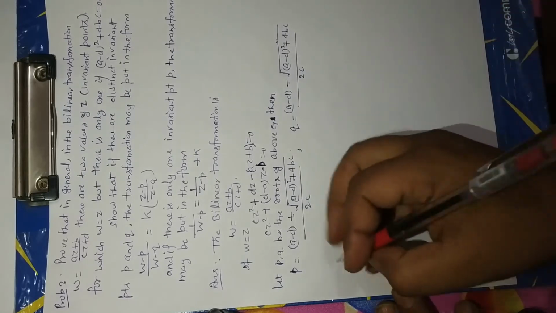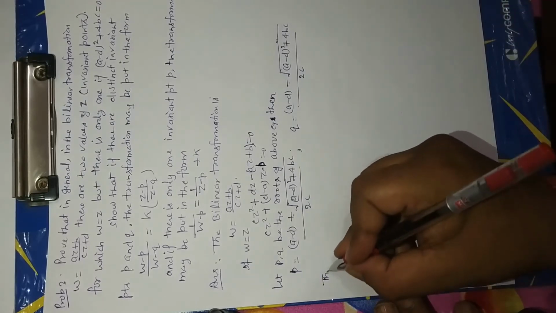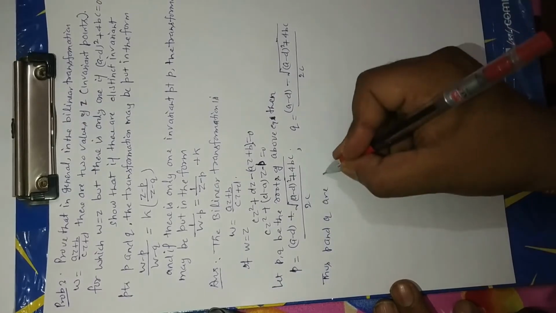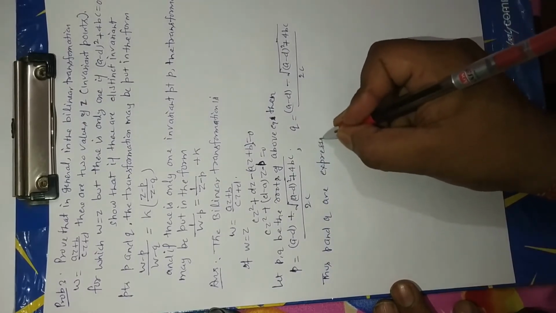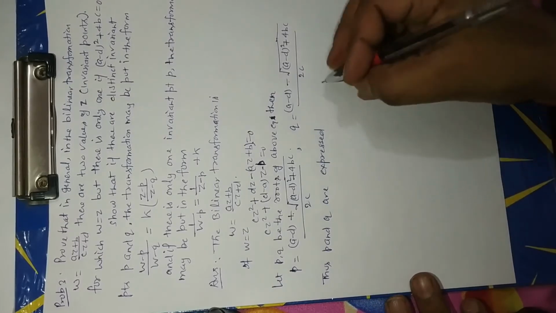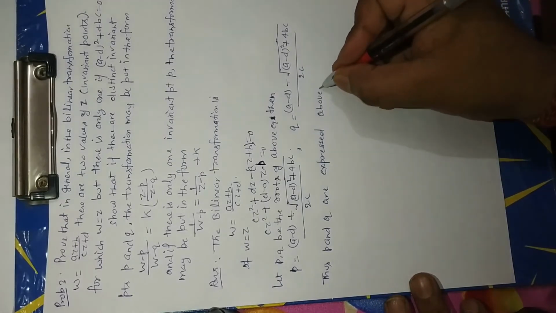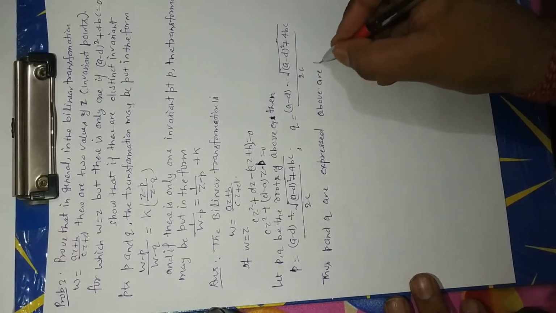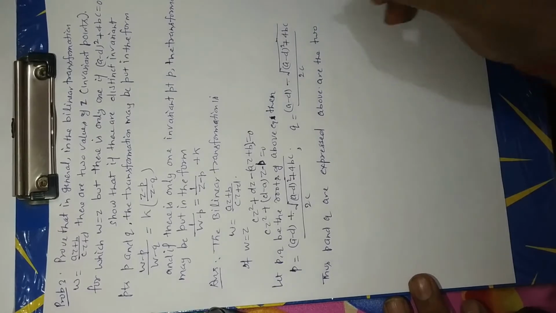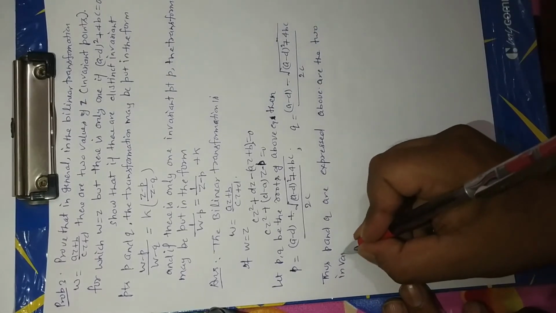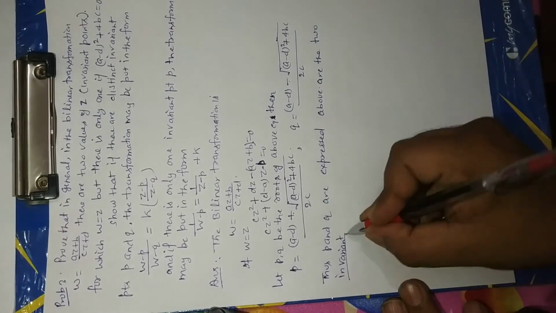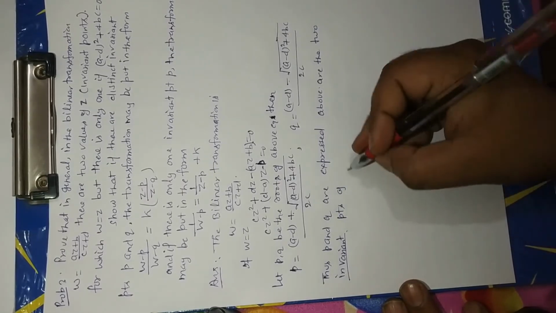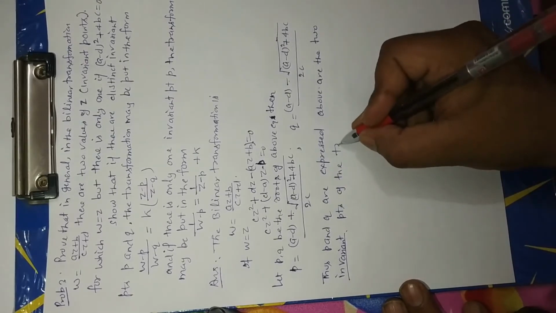Thus P and Q are expressed above. These are the two invariant points of the transformation.